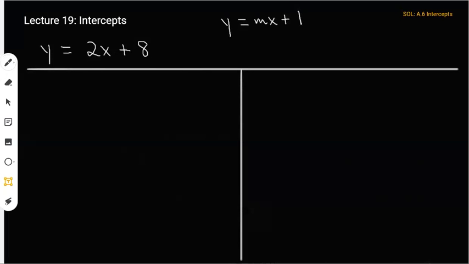So it's not in standard form, it's actually in slope-intercept form. But the same rules are going to apply to this one as they did to the last two. For the x-intercepts, I'm going to let y equal 0.